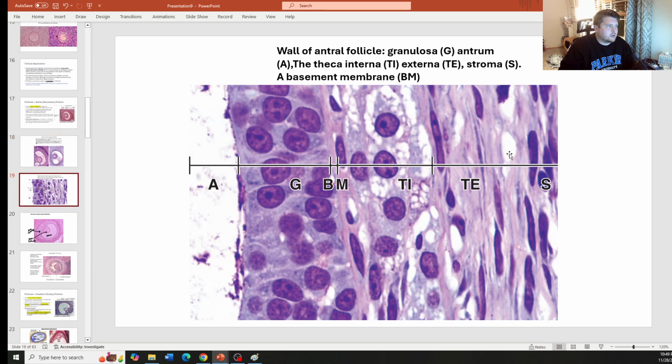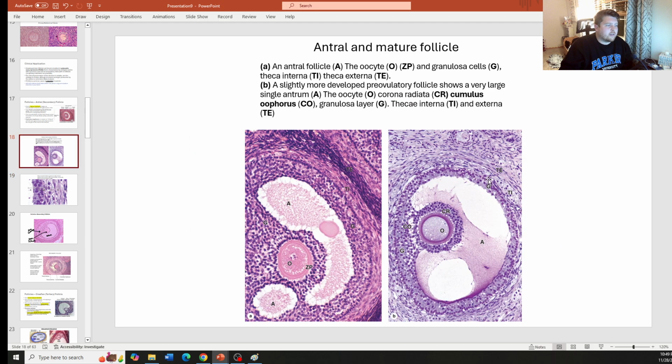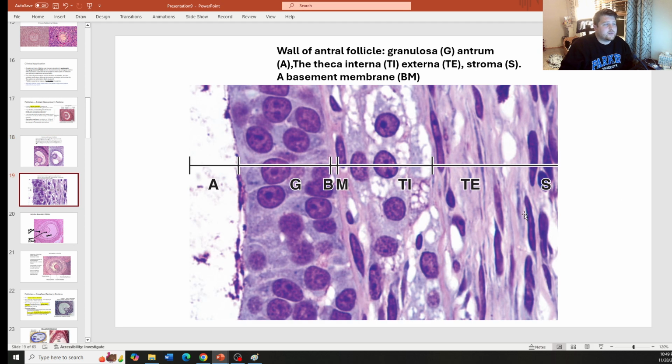Another picture, here's all of our different layers. Here we have these labeled: the theca interna, the theca externa, the stroma, basement membrane layer, granulosa, and then the antrum. So these are good pictures to practice on. A lot of our lab stuff is just raw memorization, so you really just need to click through and label enough of these to be able to tell the difference between them.